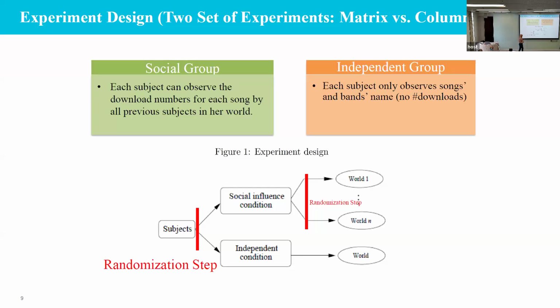Now, although this is run by sociologists, I think the experiment is actually very well designed. He doesn't want to just compare one independent group with one social influence group. He's worried that even if we look at the social influence group, the behavior there may just happen to be random. It may just happen to have some very strange behavior.